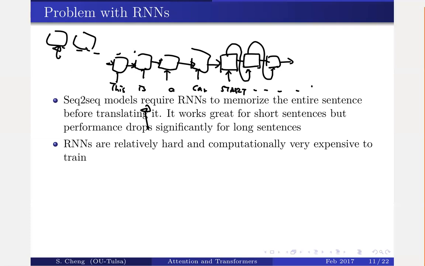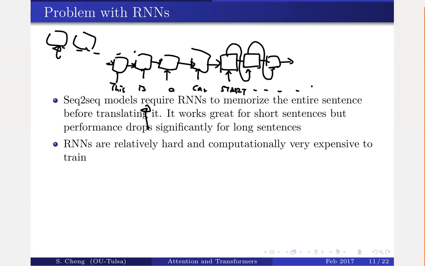They kind of already forget what's going on. You have this feature trying to represent the entire sentence, but it may not be able to remember the beginning well. Therefore, it won't translate long sentences as well as short sentences.